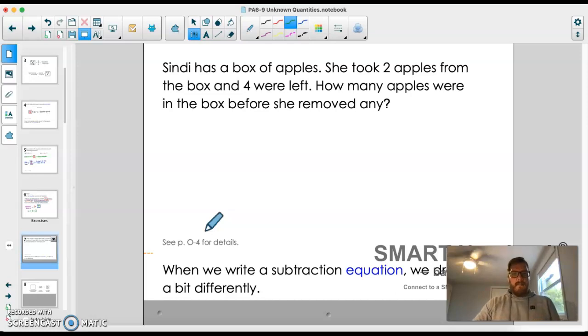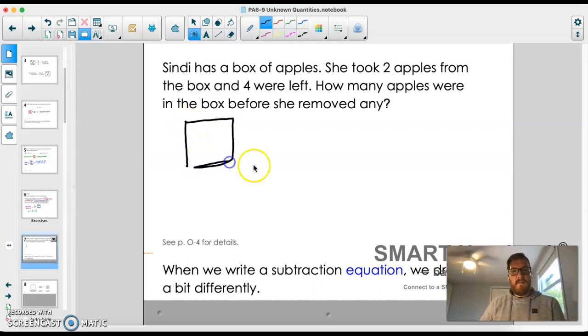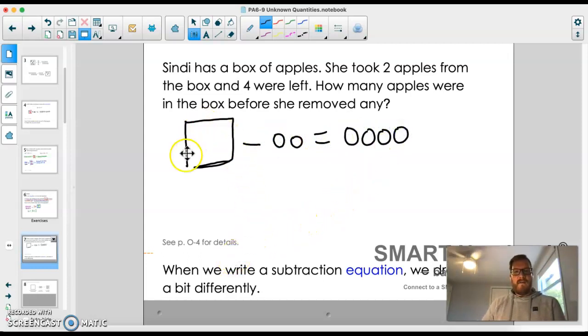And so what I'm going to do is say, well, it says that she has a literal box. Okay, so here's her literal box. Now, it says that she took 2 out of them and that there were 1, 2, 3, 4 left. And so this is how we could write a diagram with our equation, right?